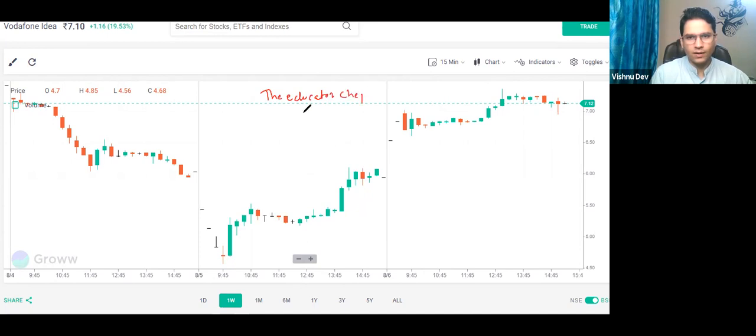The Vidyanagar management people gave me a place to set up this Educator Chef canteen, restaurant, whatever, because at the end of the day, it was benefiting your township people.